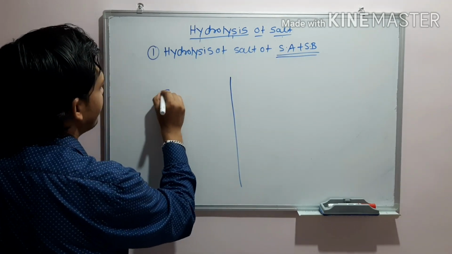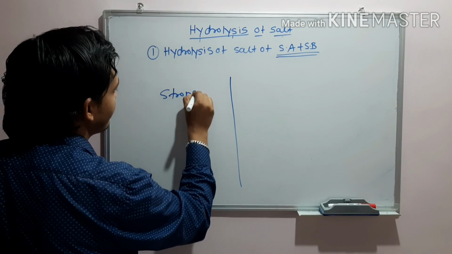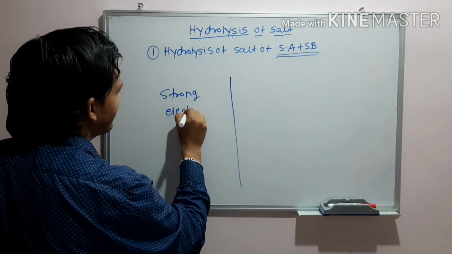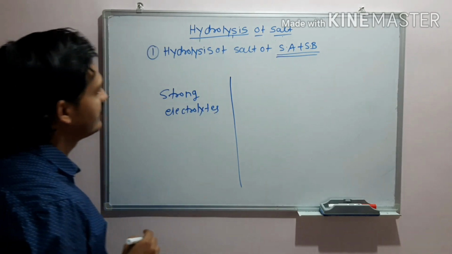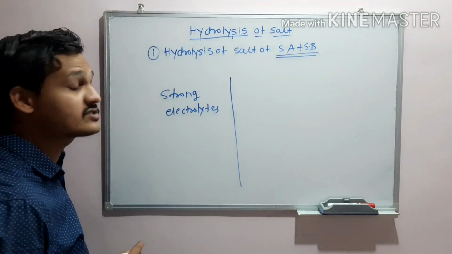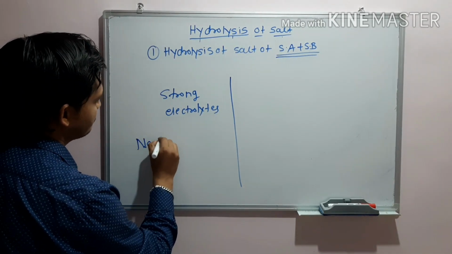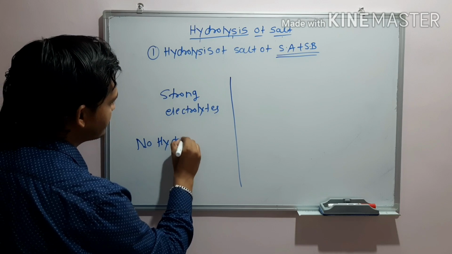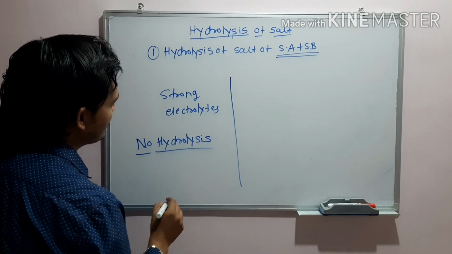that in case the product is a strong electrolyte, please remember this is a very important point for us. If the product is a strong electrolyte, then no hydrolysis will take place. pH will not be changed and pH will be neutral.